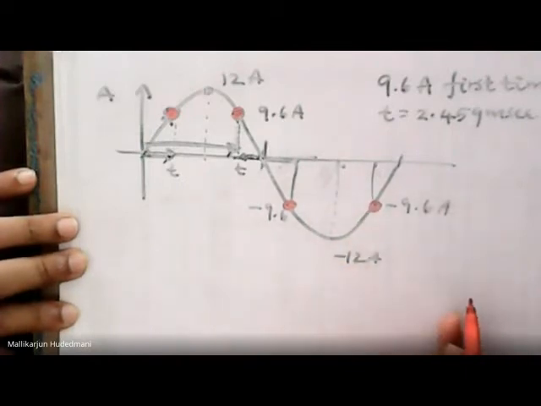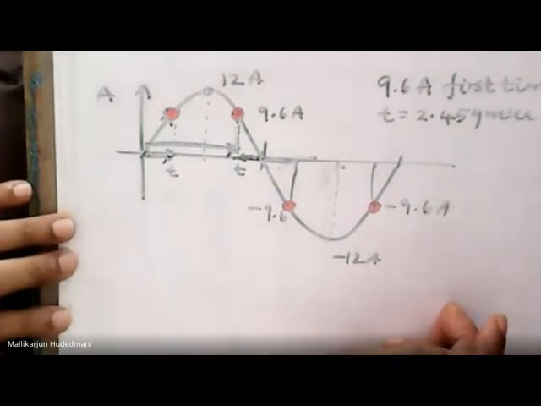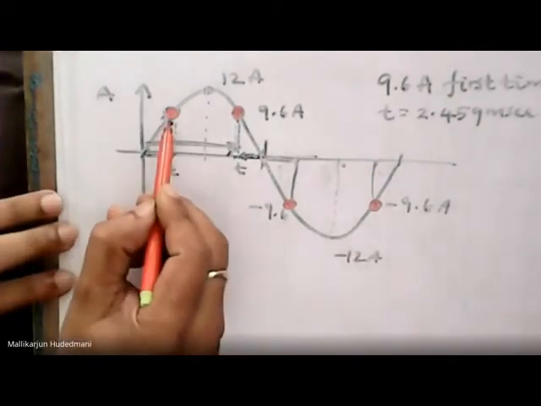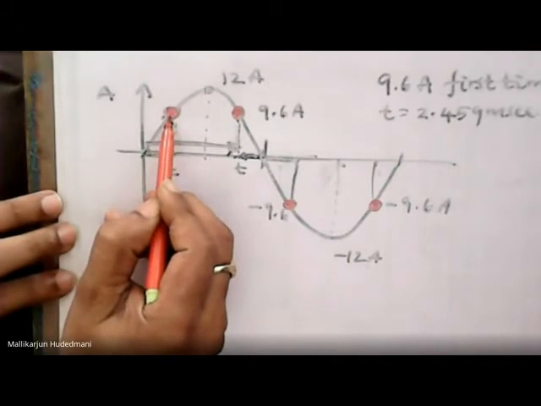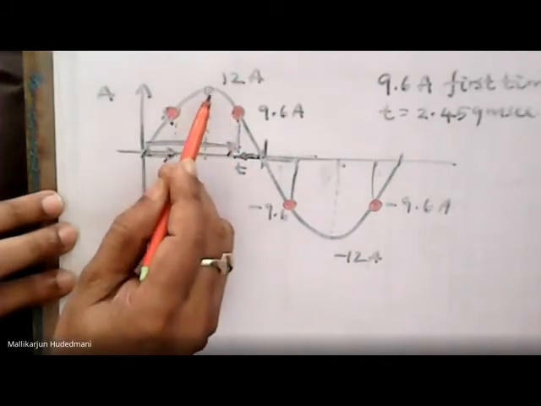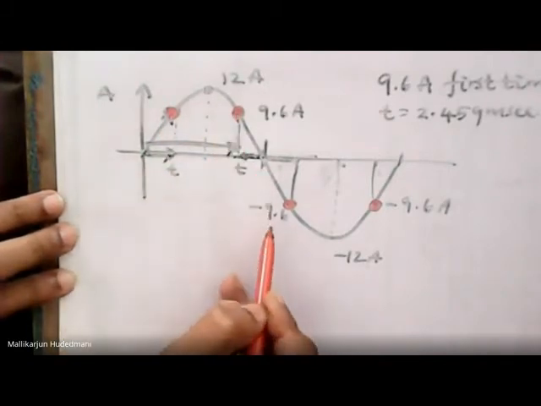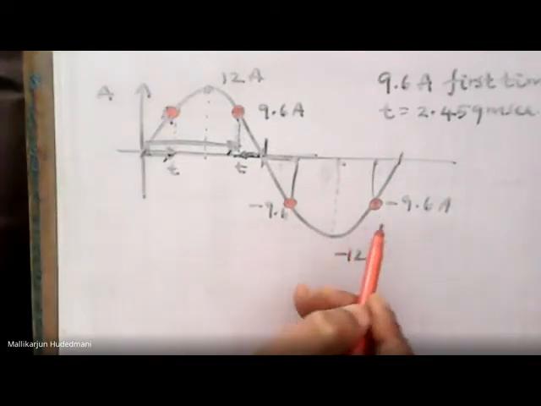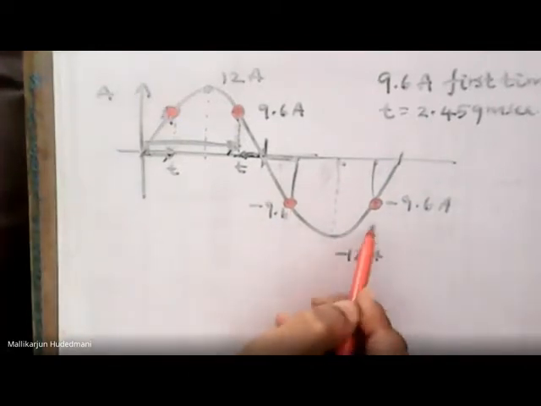What I did here, I made you visualize 9.6 ampere itself occurring on this wave at 4 locations. One is before the positive max, another is after the positive max, minus 9.6 before the negative max, minus 9.6 after the negative max.